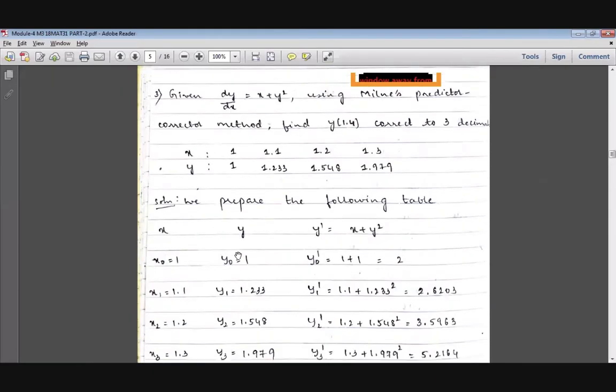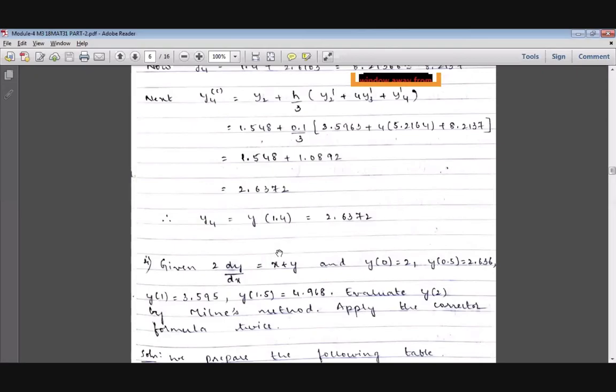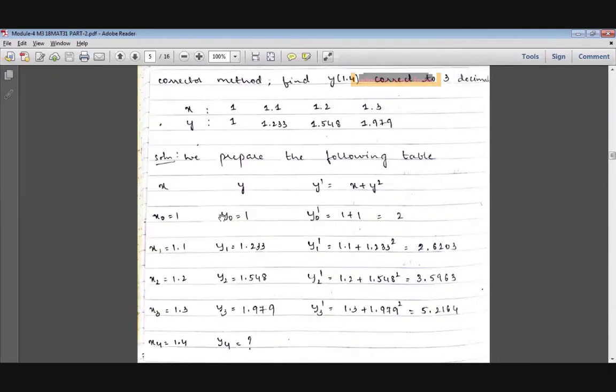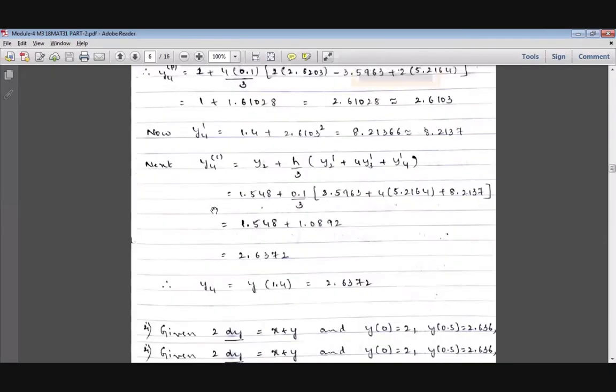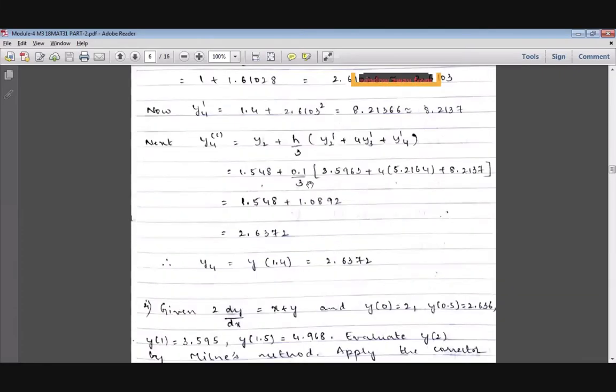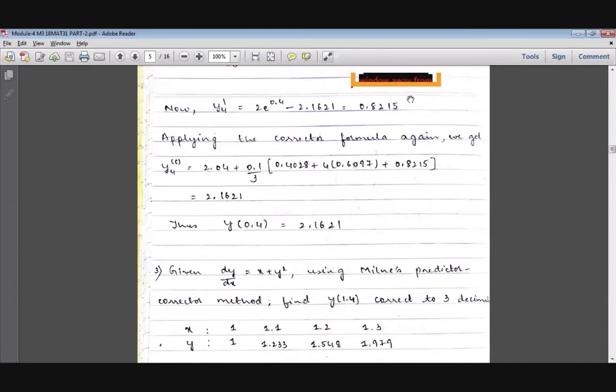Take this third problem. I will just solve this third problem as homework. I will go to the fourth one. Try this third problem. Try to solve.